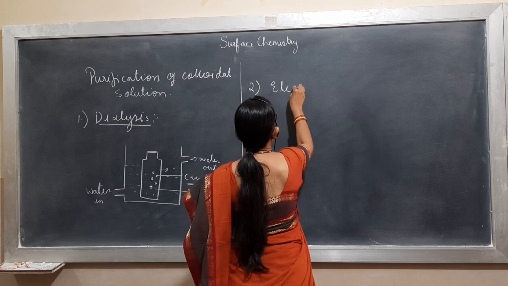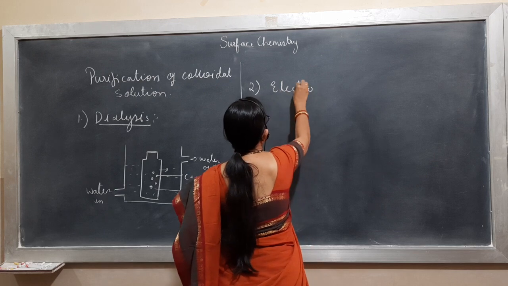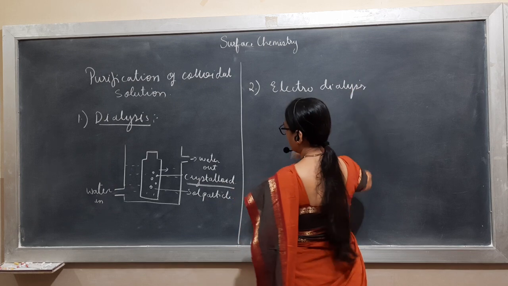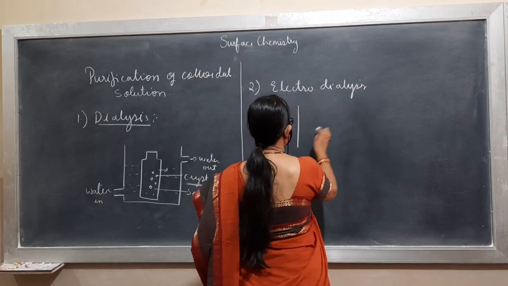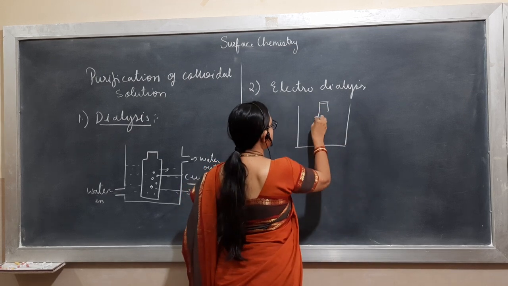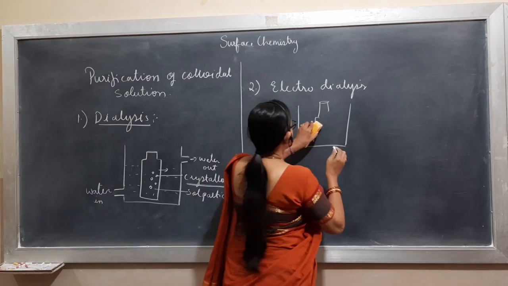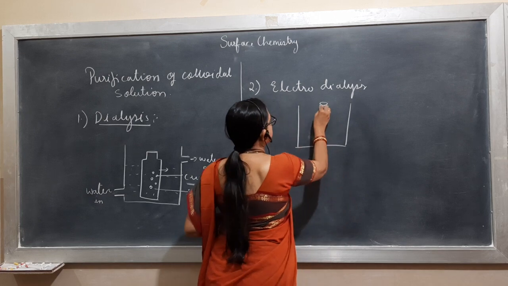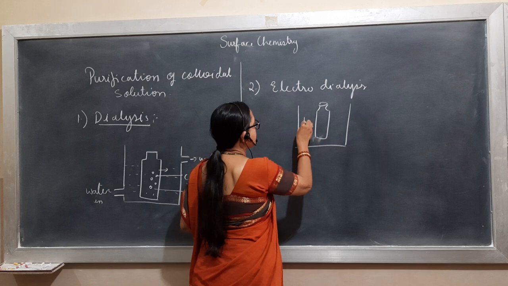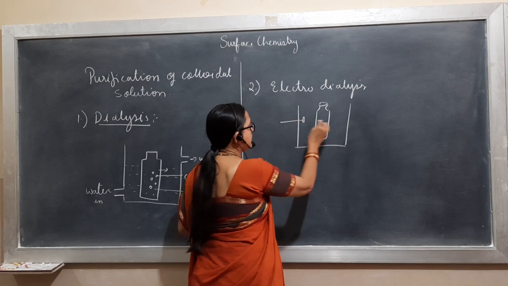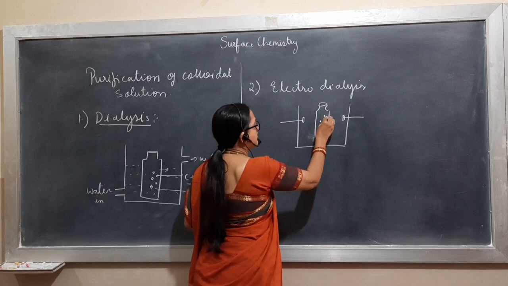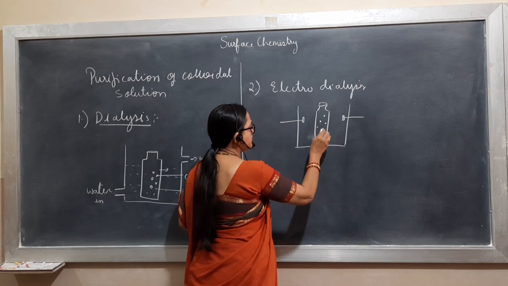electrodialysis. Electrodialysis is nothing but, to the same dialysis method, we introduce two electrodes. Here two electrodes are kept. Because of the two electrodes, the ions present in the colloidal sol as an impurity are removed.